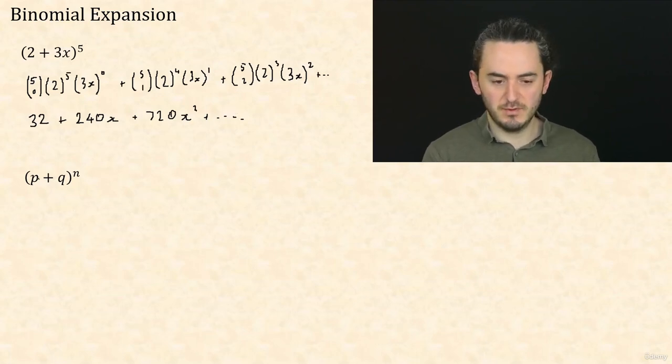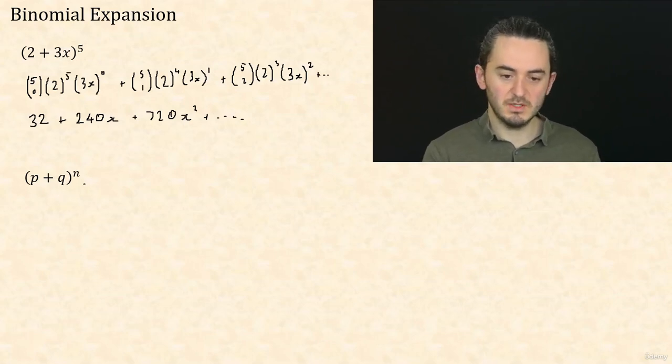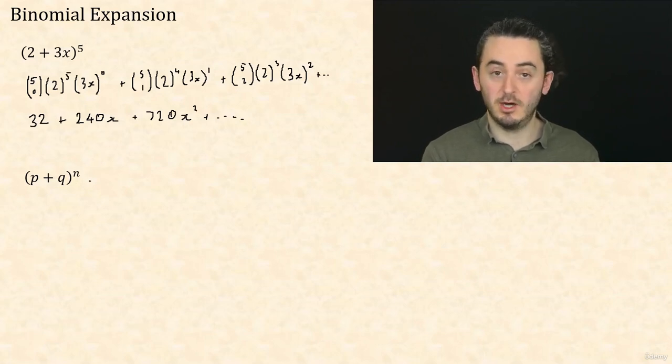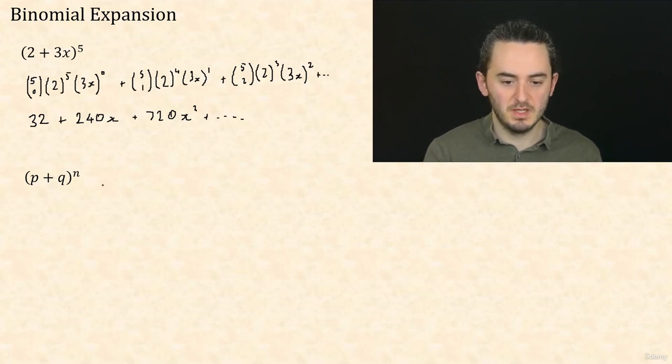Now, what's the general version of this? We're going to use the general expansion of some p plus q to the n to help us see what's going on when n is not a positive whole number. So when we're expanding this, our first term is n choose 0, and then initially we have all of the p's, so that's p to the power of n, and we have no q's, q to the power of 0.